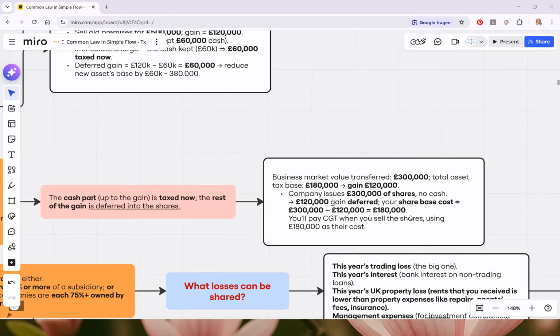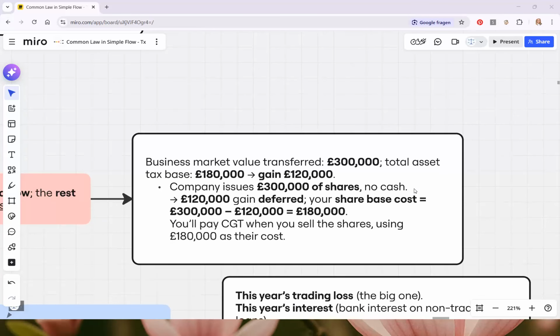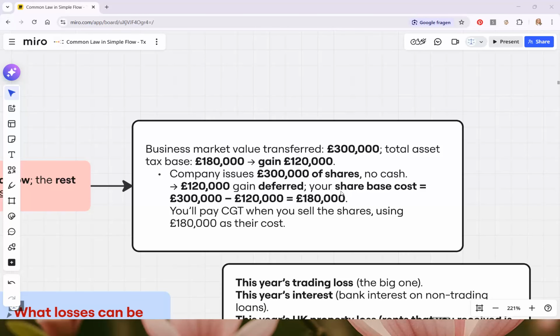So let's see an example. Business market value transferred 300K. Total asset tax base is 180K and the gain is 120K. Company issues 300,000 of shares, no cash. Then the 120K gain is deferred.